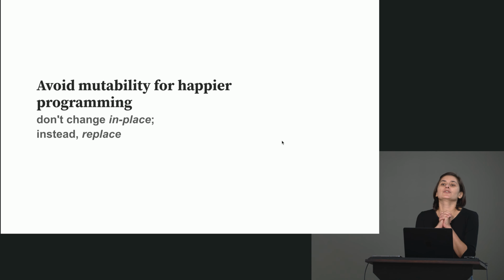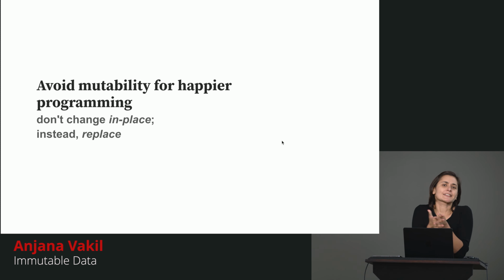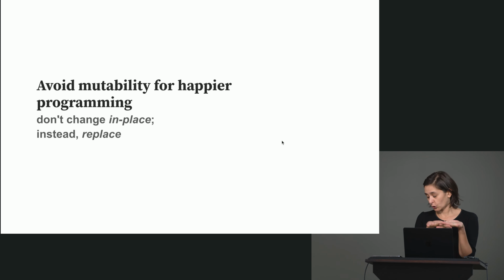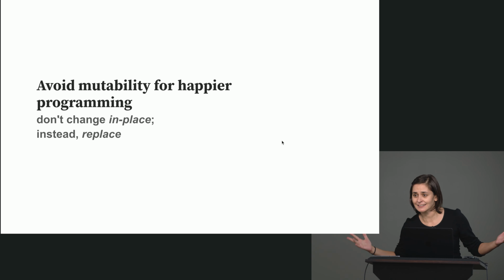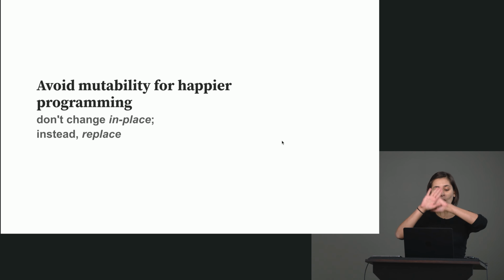In addition to functional purity, or sort of a consequence, again, of our wanting to do programming deterministically and with minimal cases where the thing changed out from underneath me in a way I didn't expect, we want to avoid mutating data.